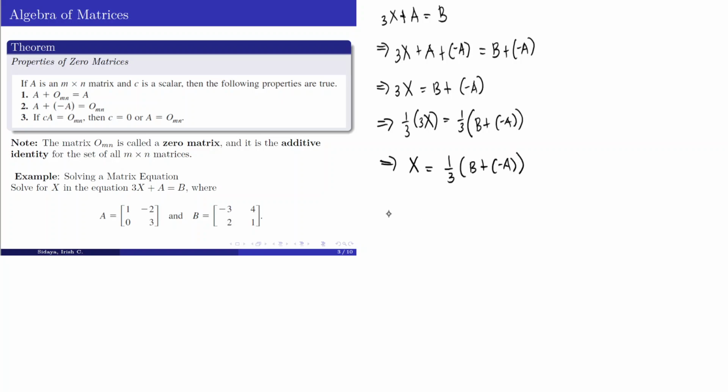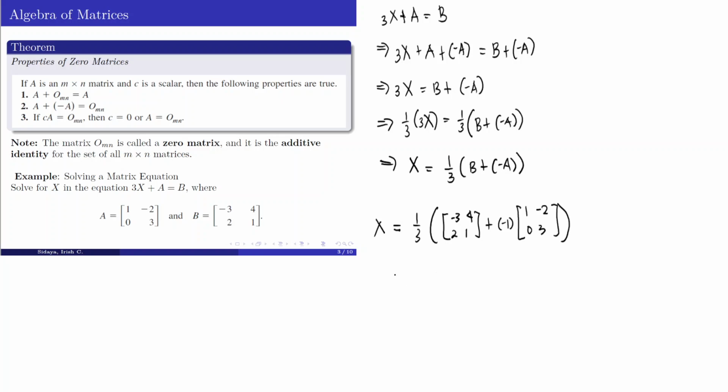Okay, so now we substitute the given values, the matrices B and A here. So we have X is equal to 1/3 times the matrix with entries negative 3, 4, 2, 1, plus negative 1 times A, which is 1, negative 2, 0, 3.